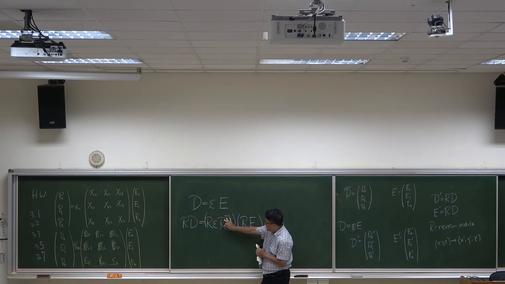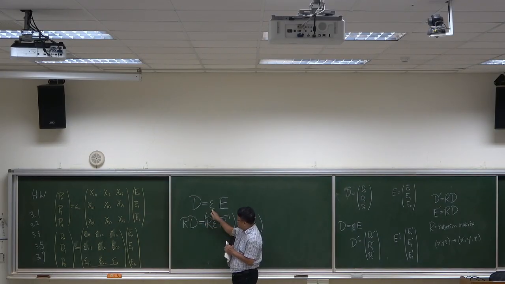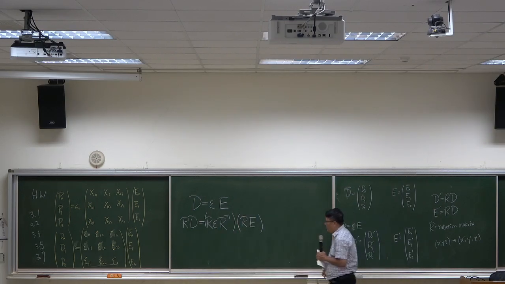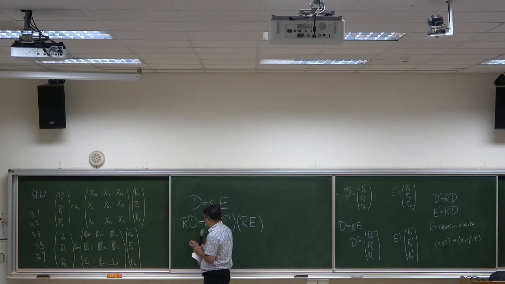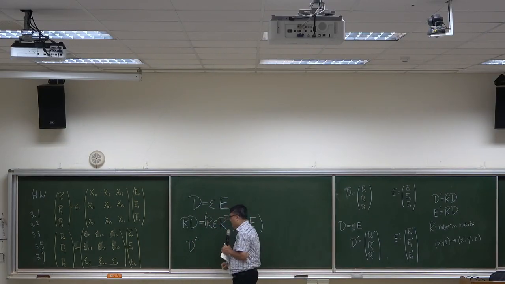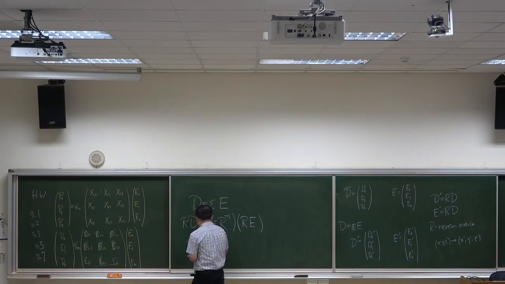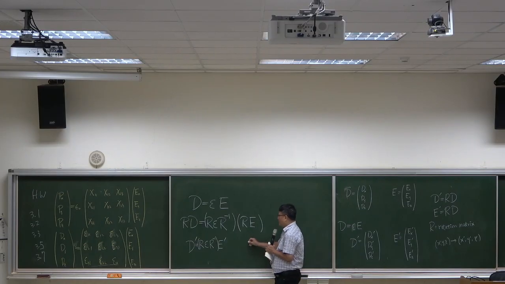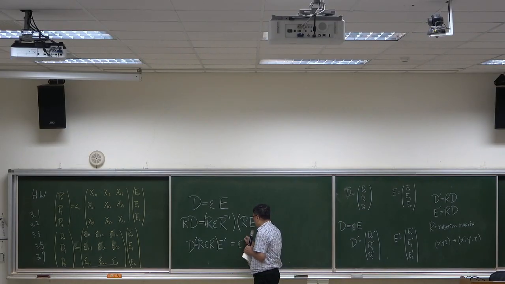So the result does nothing to E. And on the left hand side we have this R matrix. Now we know that RD is equal to D prime, and RE is equal to E prime. Okay. And we have this relation. So what is R epsilon R inverse? This is nothing but epsilon prime.